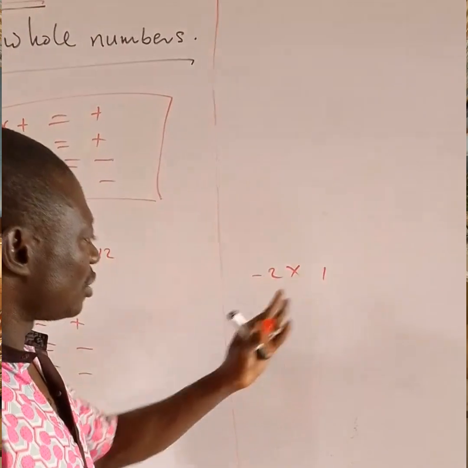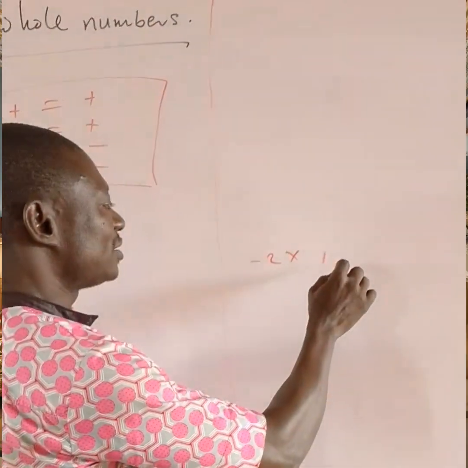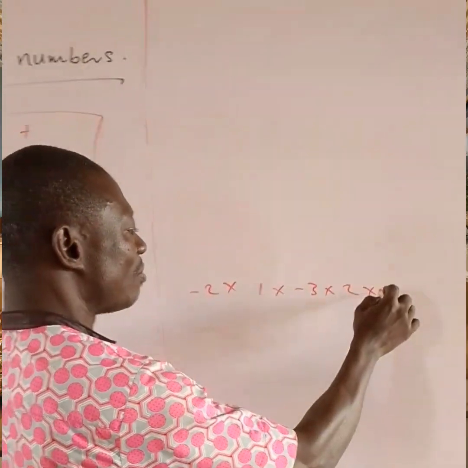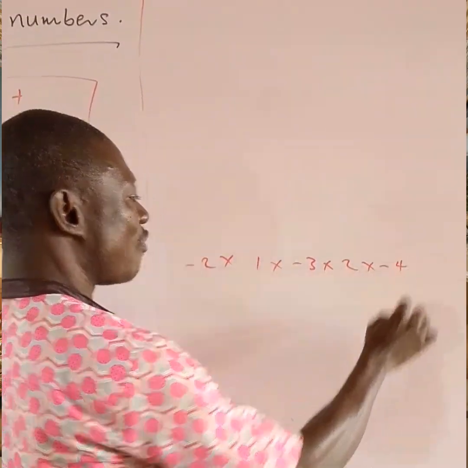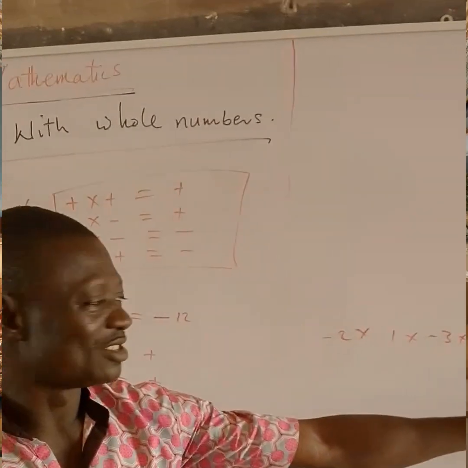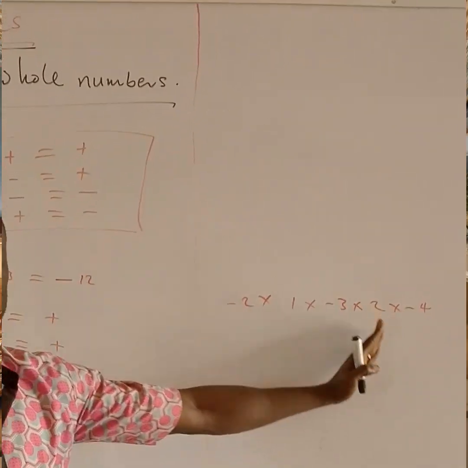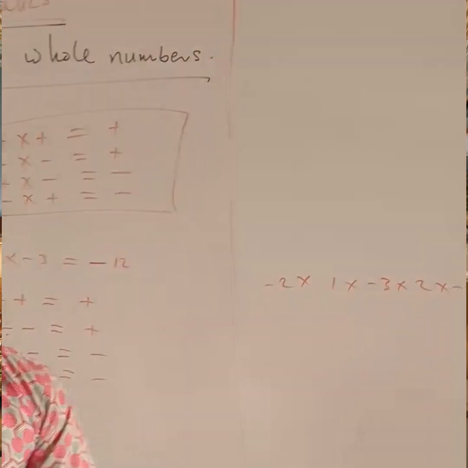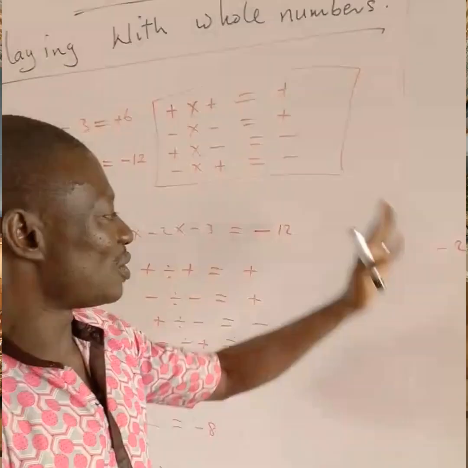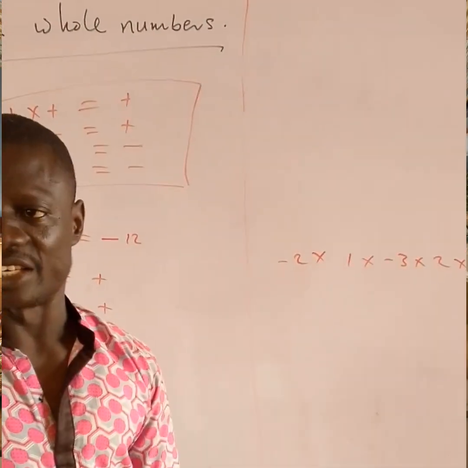Minus 2 times 1 times minus 3 times 2 times minus 4. For instance, if we write it from here to the end of our board, you can continue to play with them one by one. Just make sure you move them in twos, and at the end you get the last answer. This is applicable to fractions. It's also applicable to algebra, which we are going to introduce in a different section.